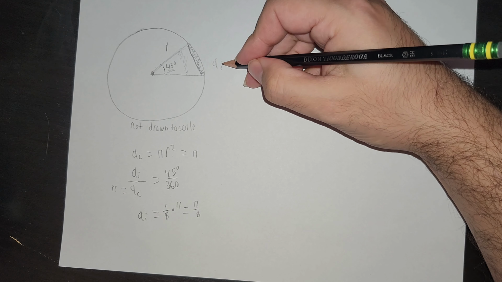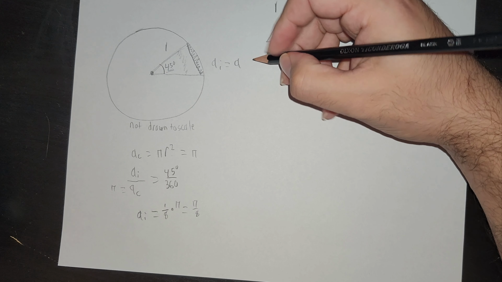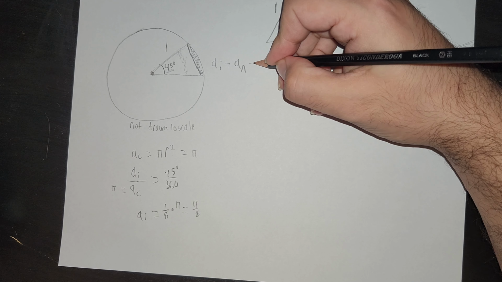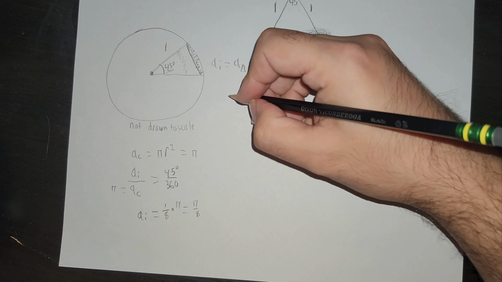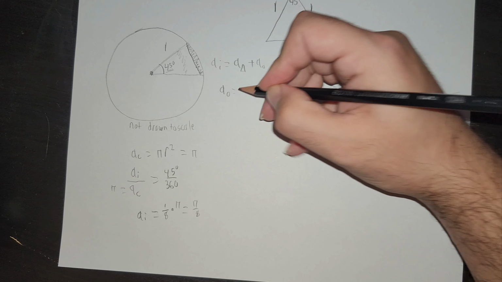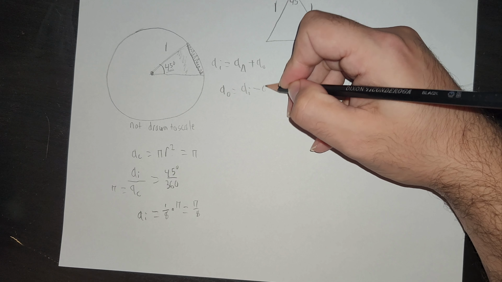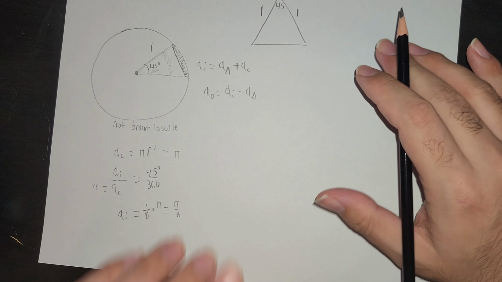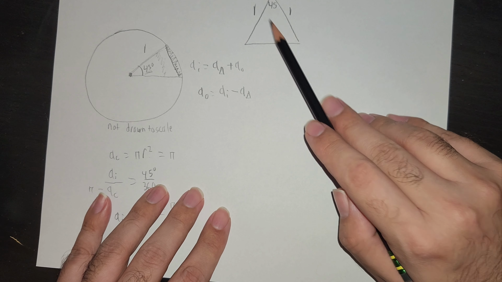So I like equations. Let's just write something out explicitly. Alright, so we just need to find out what the area of the triangle is.